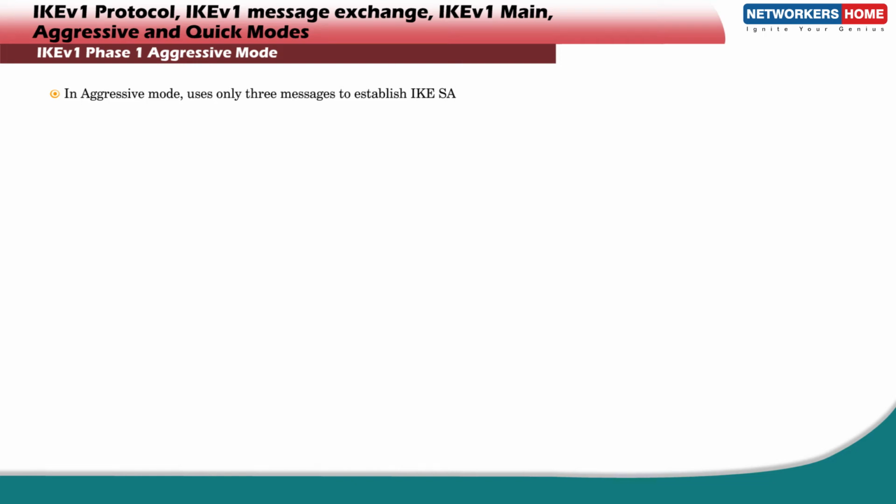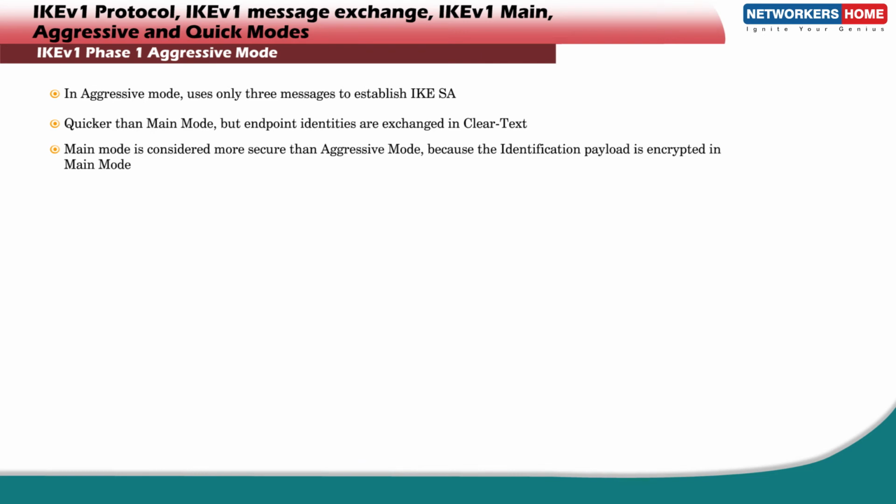Aggressive mode is quicker than main mode, but endpoint identities are exchanged in clear text. When comparing the two, main mode is considered more secure than aggressive mode because the identification payload is encrypted in main mode.